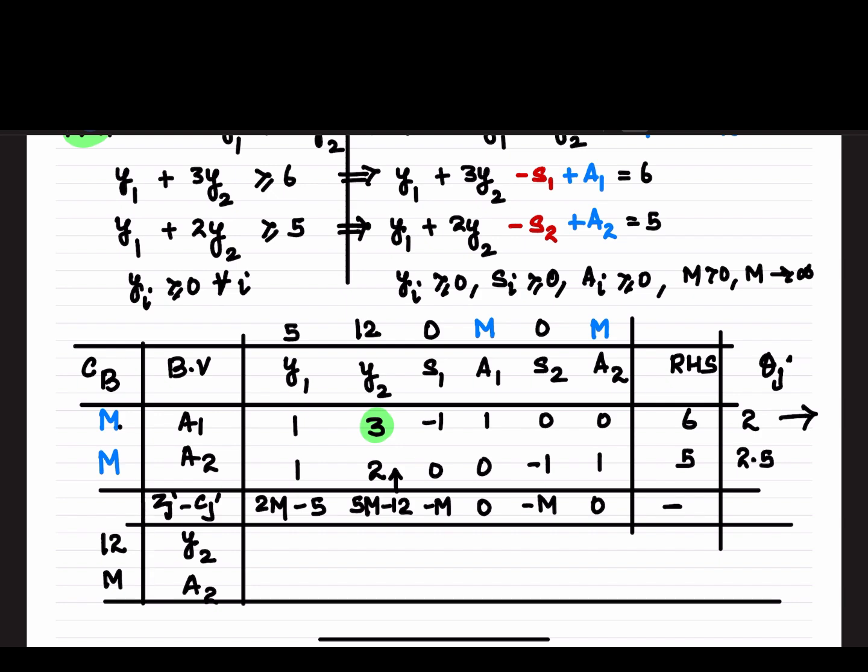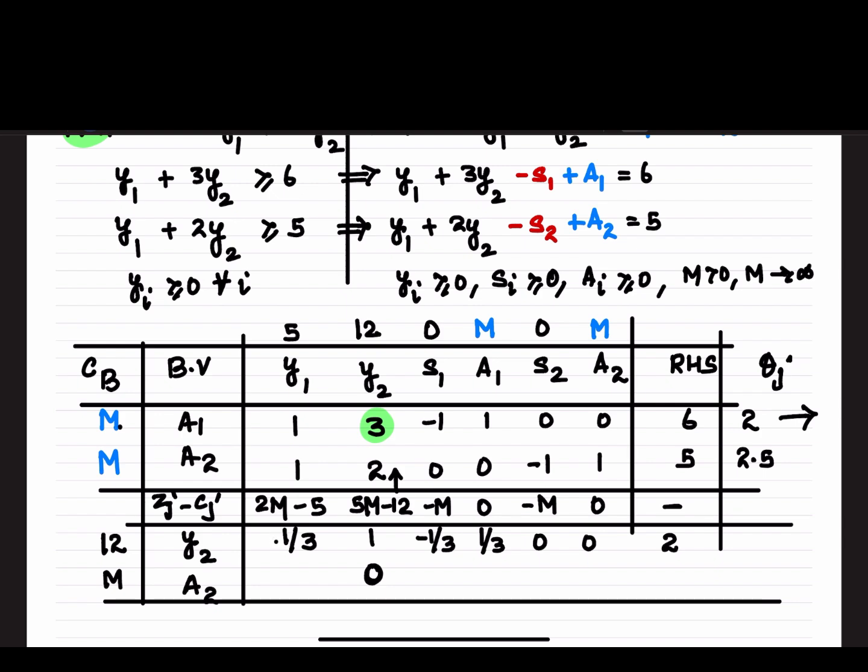Make the pivot as 1, so divide throughout by 3: 1/3, 1, minus 1/3, 1/3, 0, 0, 2. पिवट के नीचे चाहिए 0, यानी कि यहाँ पे चाहिए 0. Currently you see 2, so what you do, multiply the pivot row by -2 and add it to the second row.